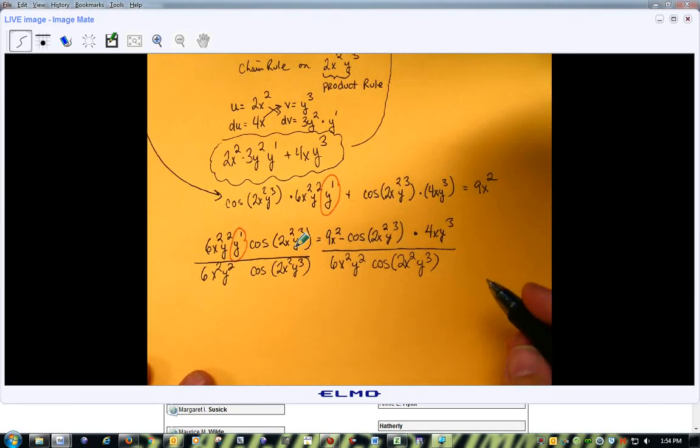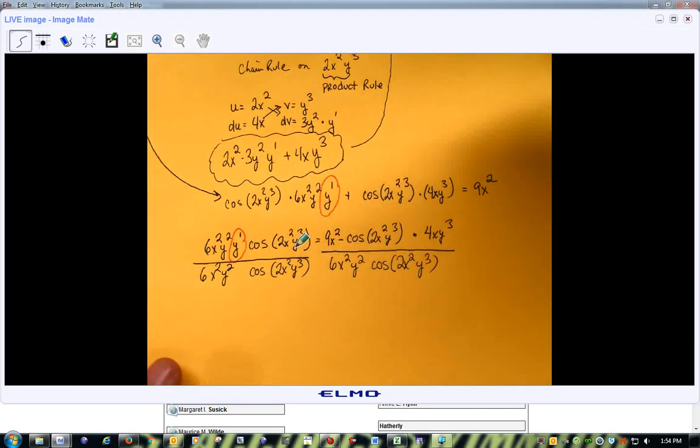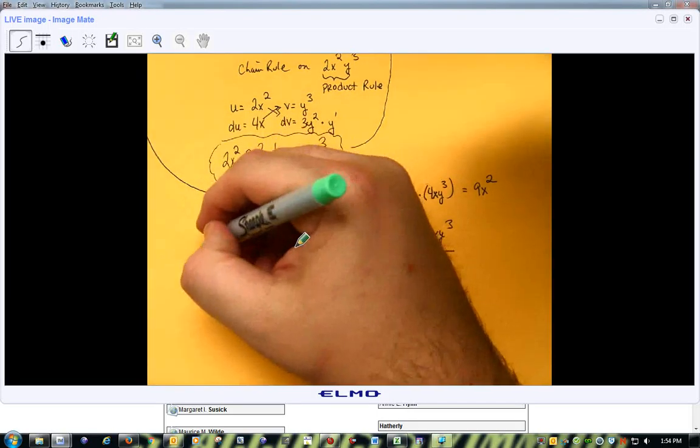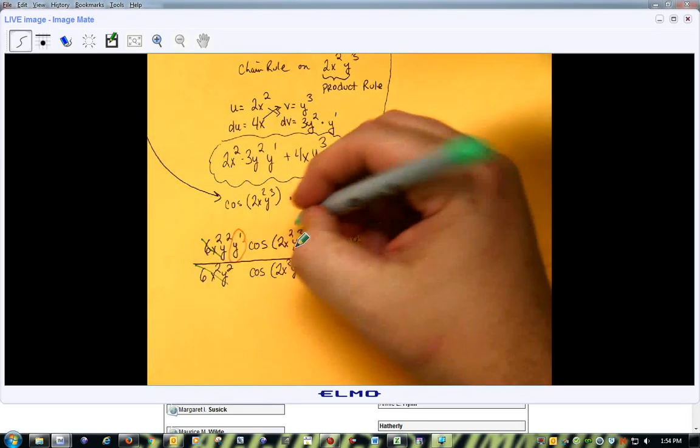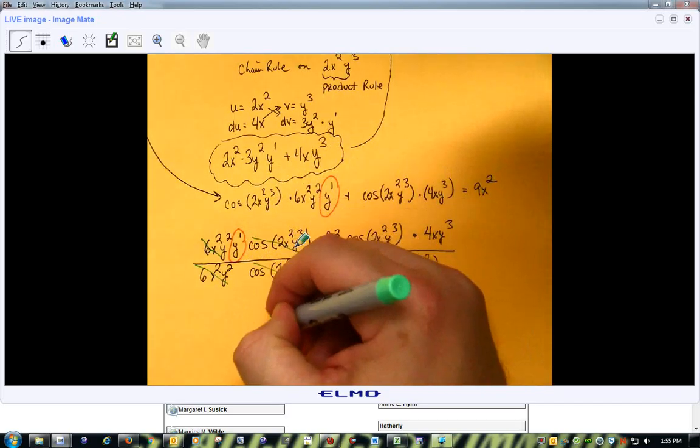That's one term. And now I'll get another equally weird looking color. That stuff divides out, that stuff divides out, and I'm left with what I wanted to have in the first place, y prime.